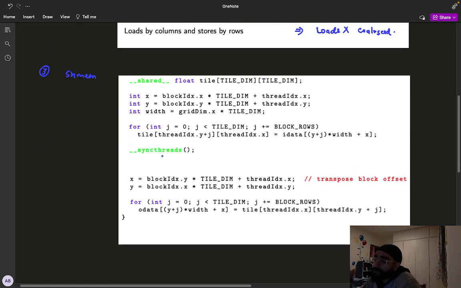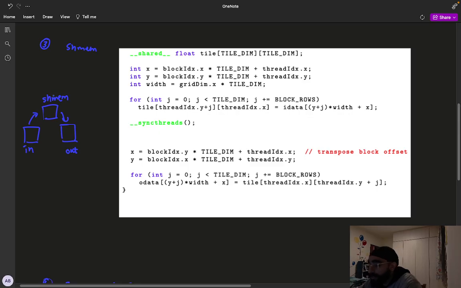So how can we solve this? We can solve this by using an intermediate structure called shared memory. We store in shared memory first. This is the input matrix, this is the output matrix. For our discussion for now, let's assume that shared memory is big enough that it can store the entire input matrix completely.